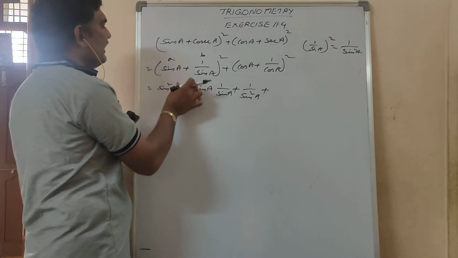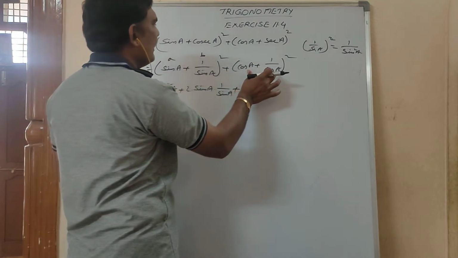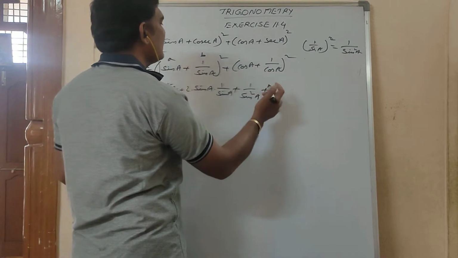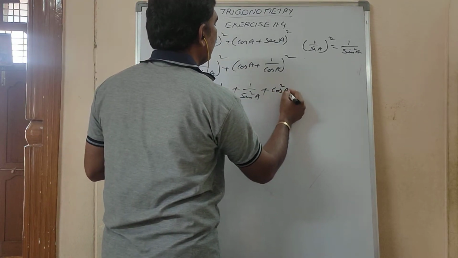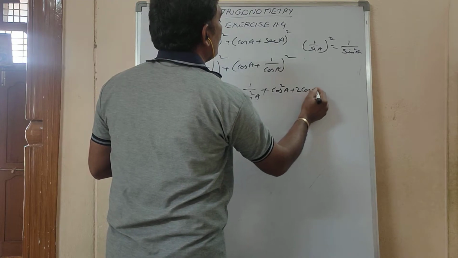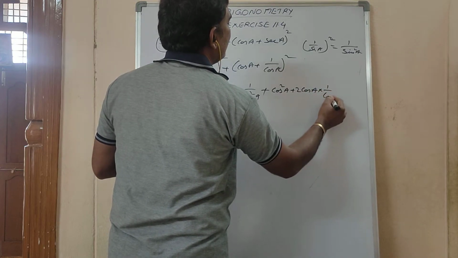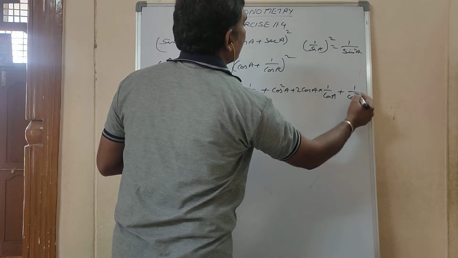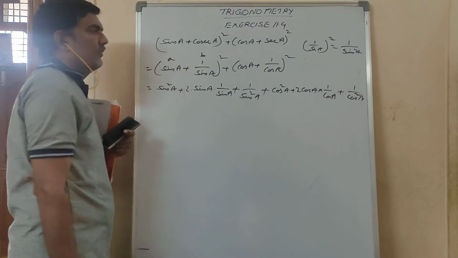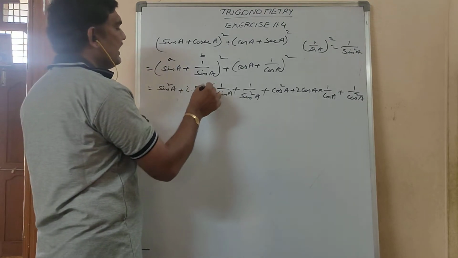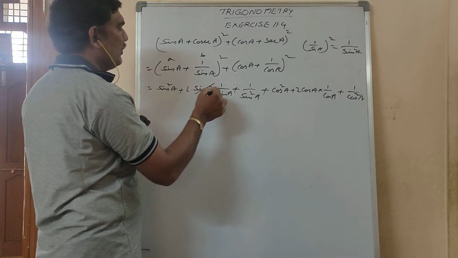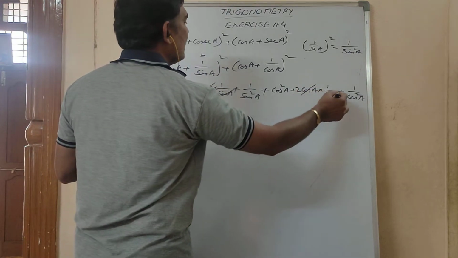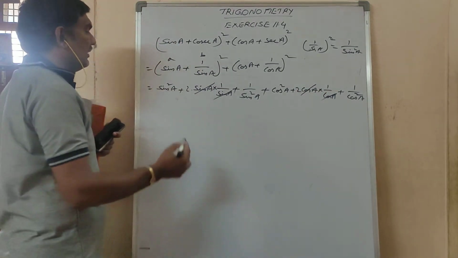You can do the same here also, but in place of sin A you have cos A. So you are getting cos square A, plus 2 cos A into 1 by cos A, plus 1 by cos square A. Now sin A is there in the numerator and sin A is there in the denominator, cos A is there and cos A is there, so you can cancel them.